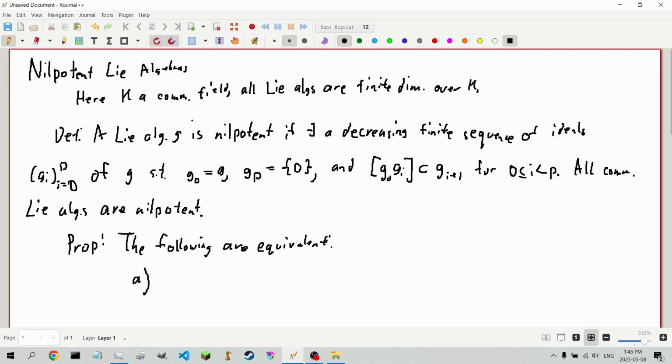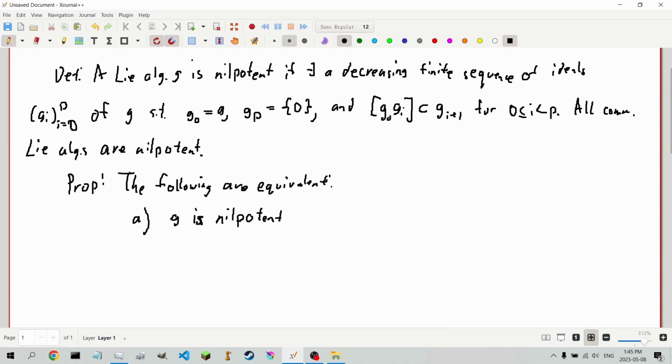Well, A, G is nilpotent, so essentially we're going to be listing alternative definitions for nilpotency of G. B. Okay, oh, we didn't cover central series. Alright, I'll go back and cover that in a second.